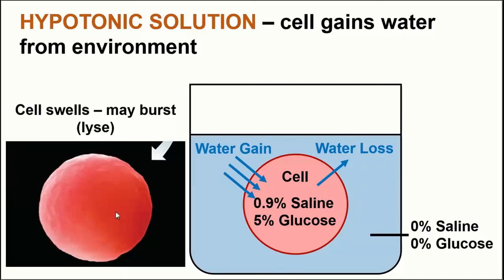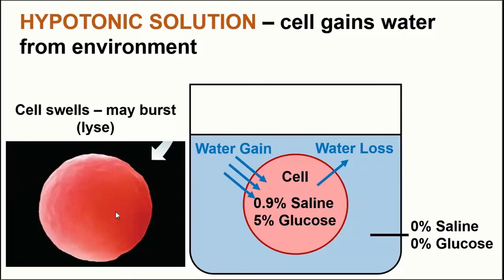And so the hypotonic solution is still causing an osmotic stress on the cell, but it has the opposite effect that a hypertonic solution has. Hypertonic causes a decrease in cell volume, the cell shrinks.